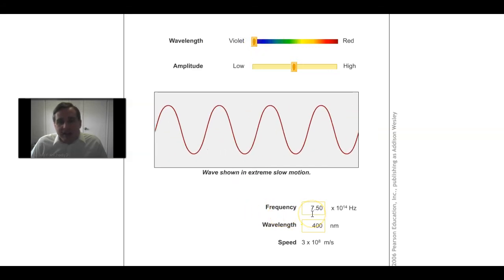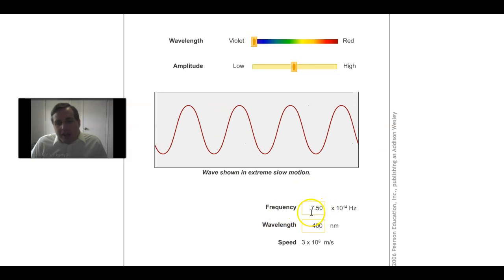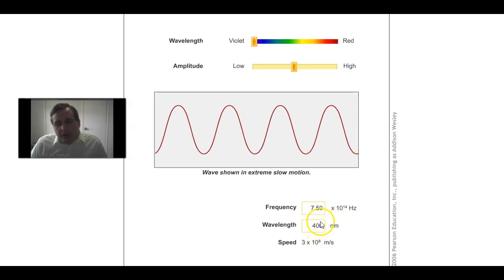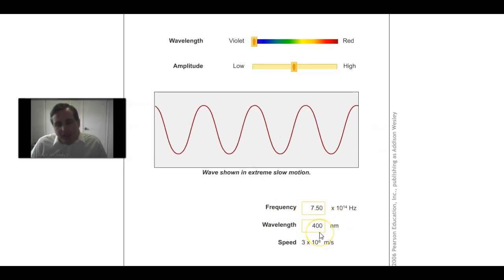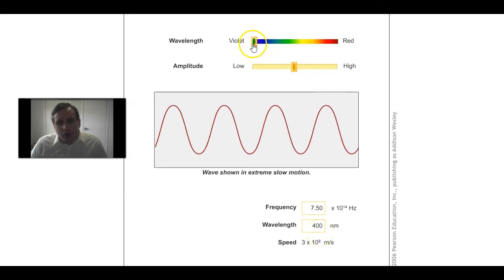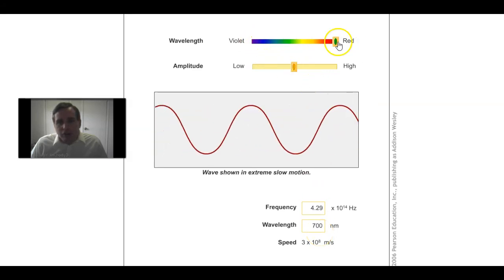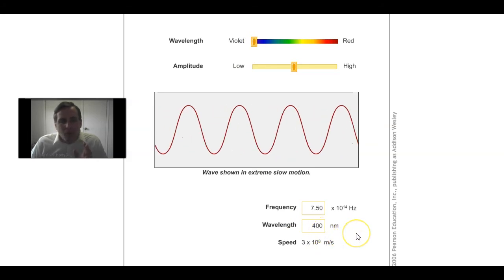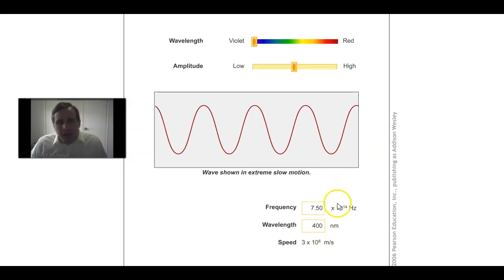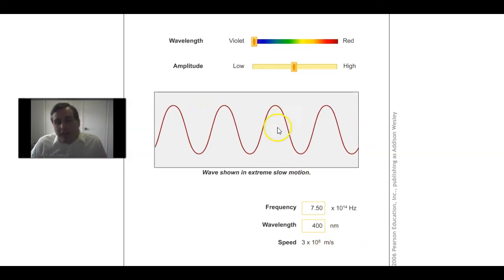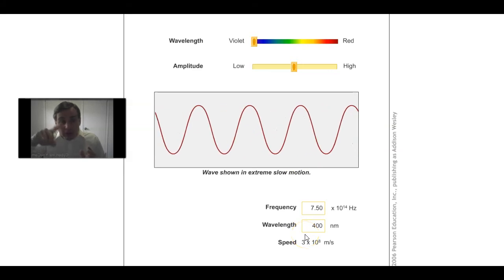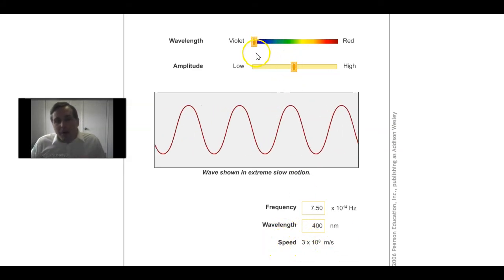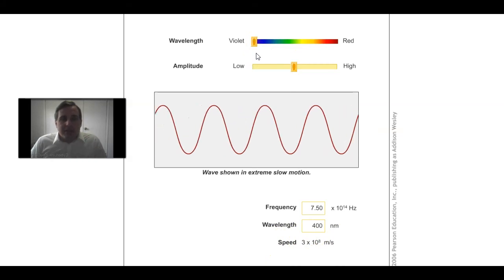Notice violet is not exactly, but it's definitely almost half the wavelength of red light. So compare red light here to violet light. Violet is not quite half the wavelength, but close to. And notice that the wavelength is shorter, the frequency is higher, but the speed is the same. So this is what we mean by the visible light spectrum.